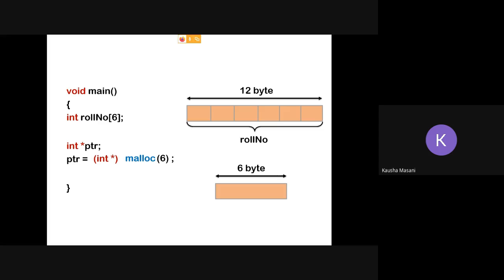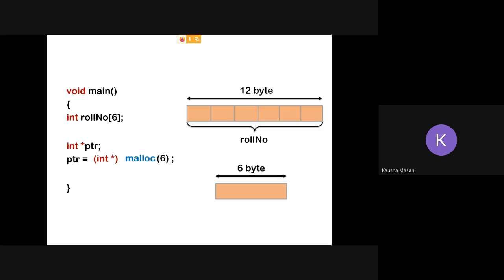If you do want the integer array roll number 6 and malloc to assign the same kind of memory block, then instead of 6 you have to give 12. So 12 bytes are reserved by roll number, and 12 bytes are reserved by malloc. But if you go like this, as shown on your screens, with the integer array roll number of size 6 and malloc of 6, then this is the difference you can see in the diagram.